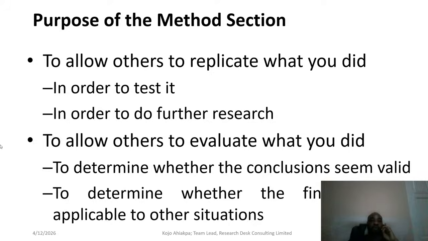It helps them to test the research methodology and also to conduct further research on the topic. In most research, we make recommendations. So once they replicate, it helps them to also do the further research that we recommended, which serves as a gap to be filled or new knowledge to be generated to add to the field.